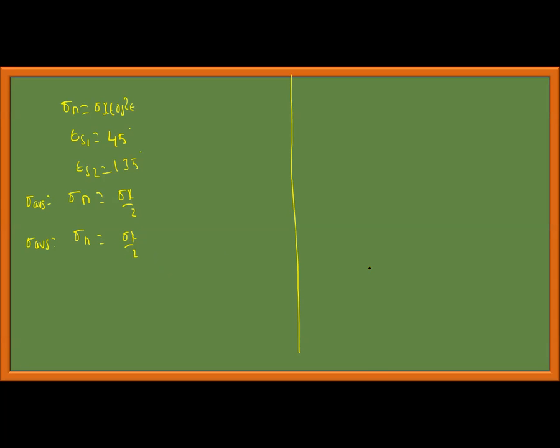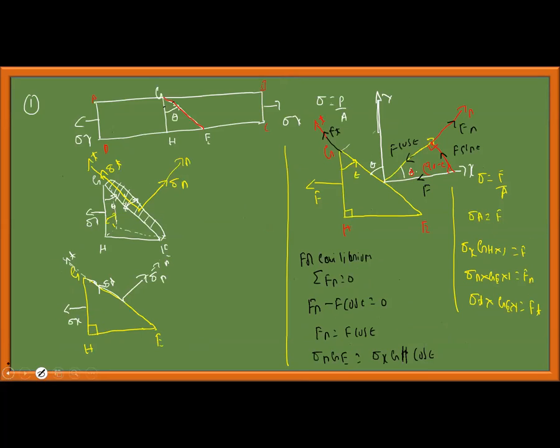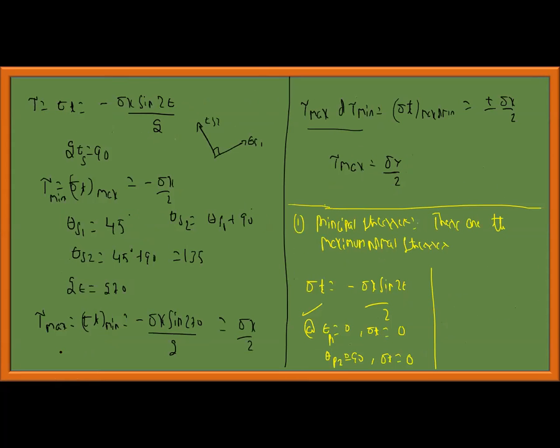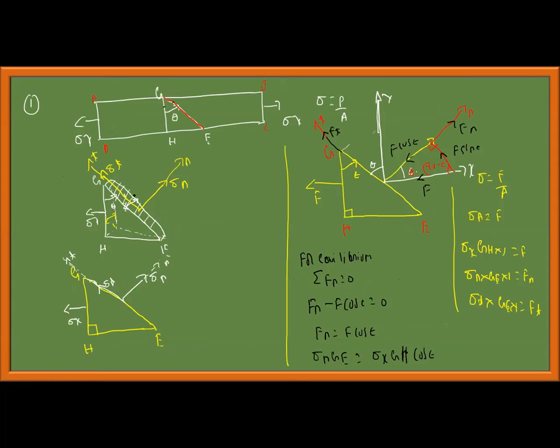Now, let us represent this in terms of sketches. I will call this principal stress. For the given plane, this is the xy plane. I want the stresses on this plane at an angle theta.